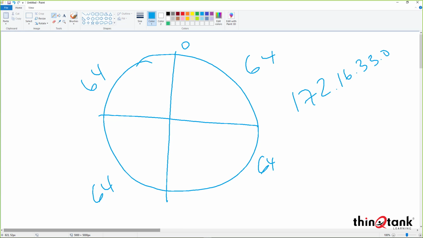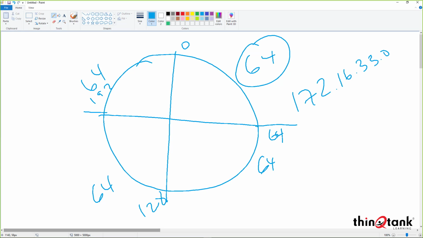So there's my .0, there's my 64, there's my 128, and there's my 192. Okay? So what they were saying is, let's just do this across the whole /26. Let's just divide it up into addresses of 4 for each.